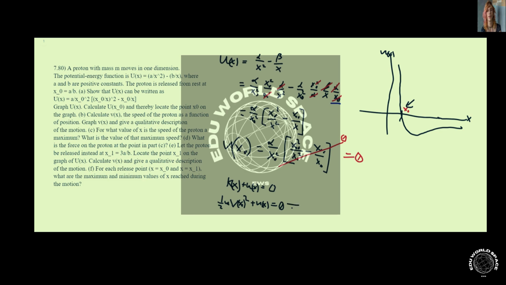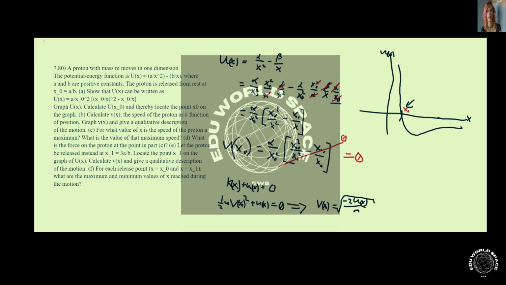Okay, and then this can be solved for v of x is equal to the square root of -2 u of x divided by m. And then you can substitute in what u of x is, whatever nasty formula you'd like to put underneath the radical. Okay, and then we're supposed to graph it.